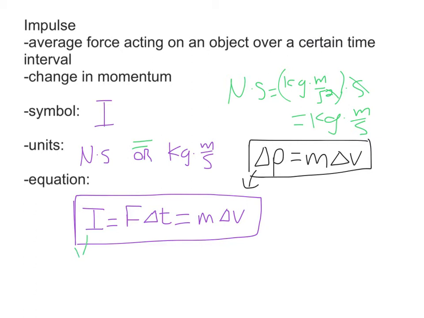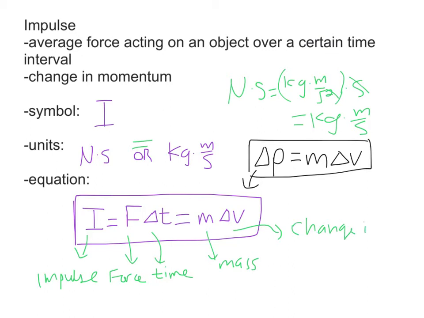So just to define everything, I is impulse, F is the average force, t is the time interval that force is acting, m is mass, this is change in velocity, and just a refresher, change in velocity is v final minus v initial.